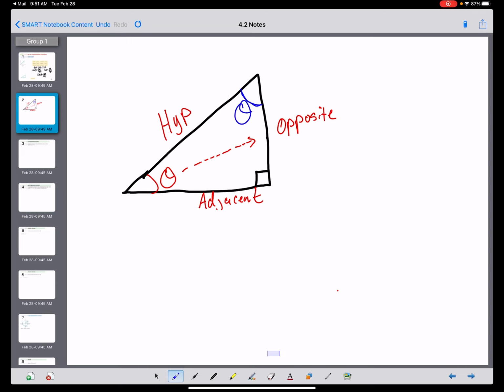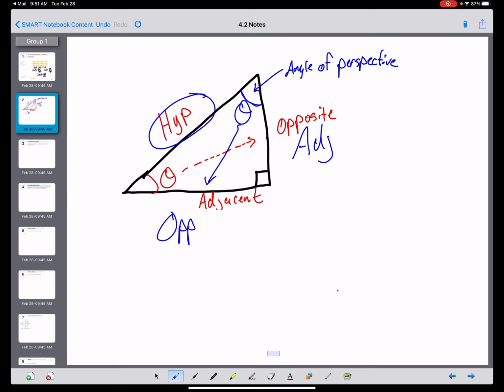It'll always be one of the two angles that's not the right angle. Now over here, this would be the opposite. Now this would be the adjacent, and the hypotenuse is always the same. So your angle of perspective dictates what your opposite and adjacent sides are for your right triangle.